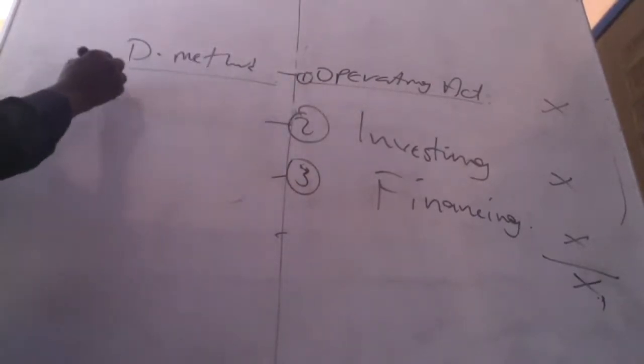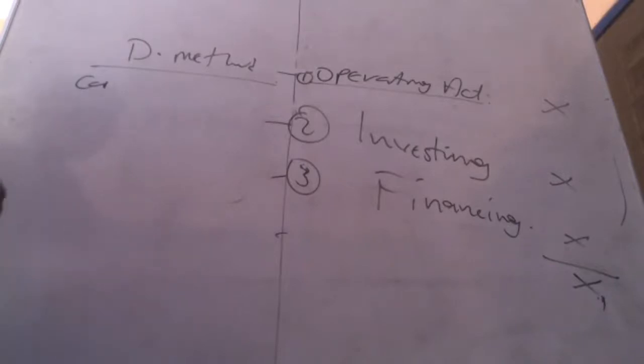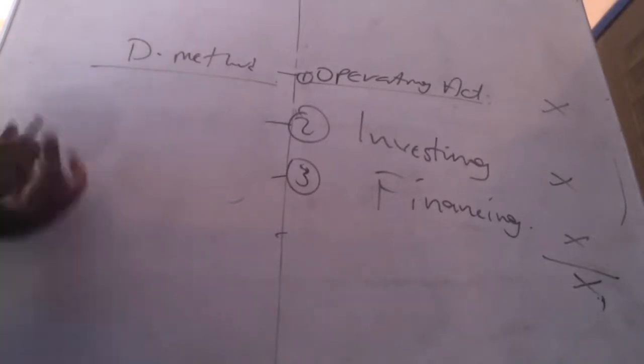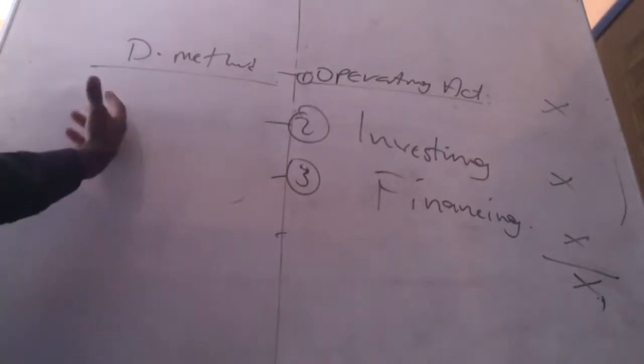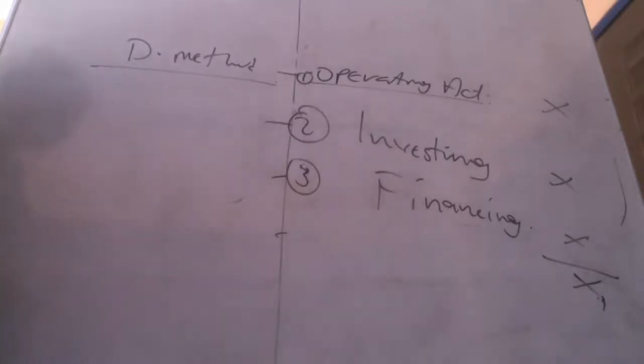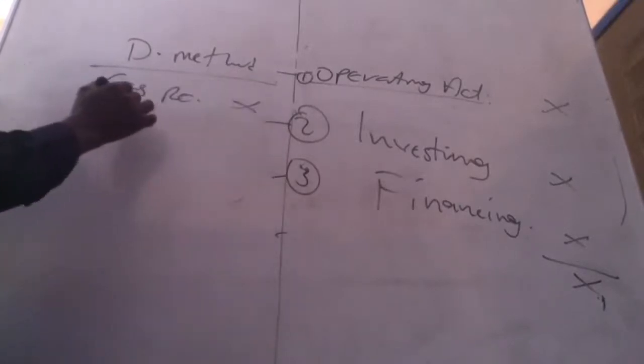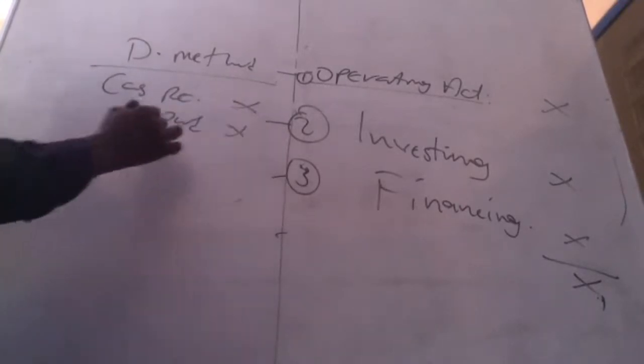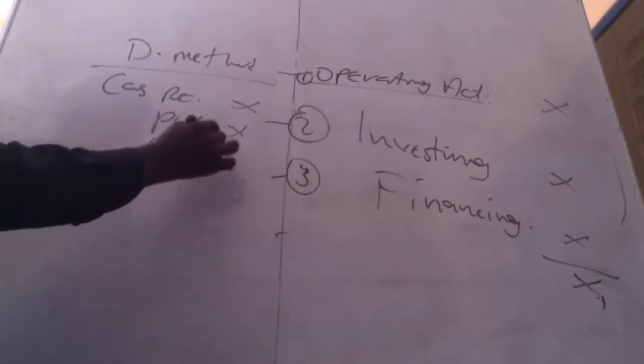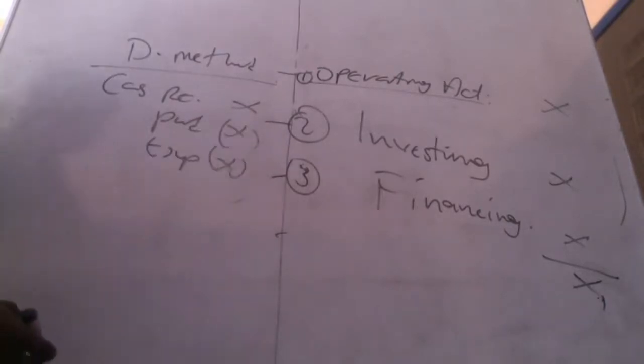For operating activity, first of all, cash received from customers, less cash paid to suppliers, less expenses paid.